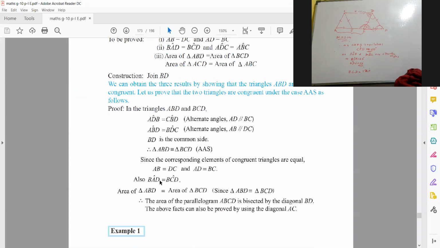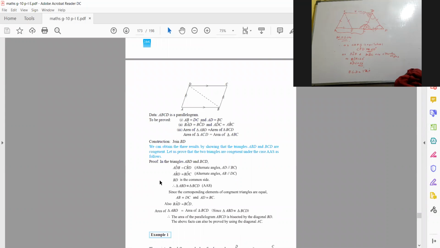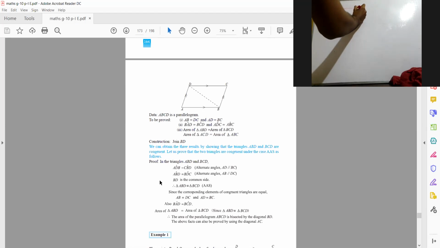Okay. This is the proof. I'm going to explain it. This is the parallelogram we are going to use. It has A, B, C, D. The opposite sides are parallel to each other.